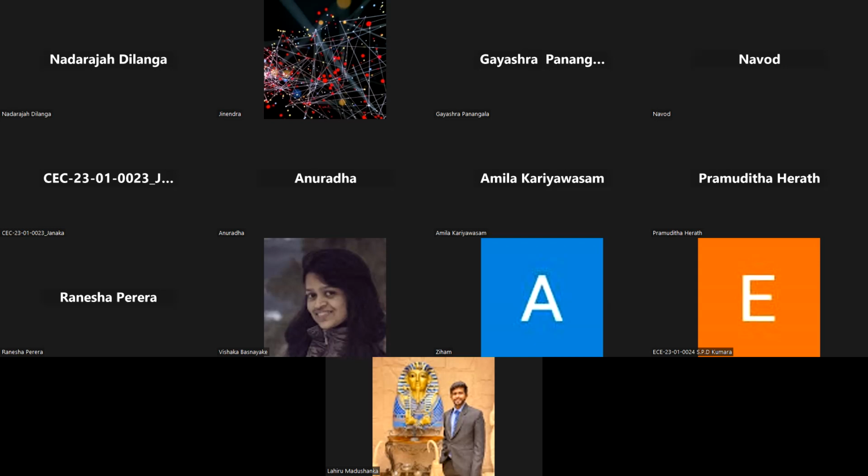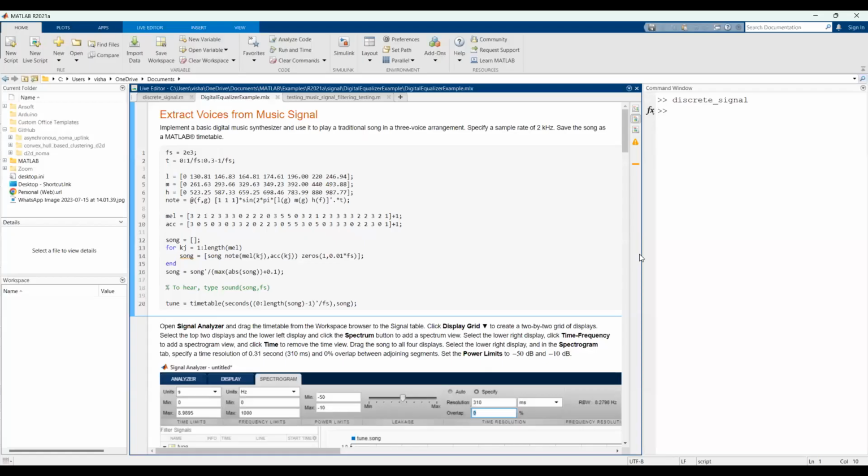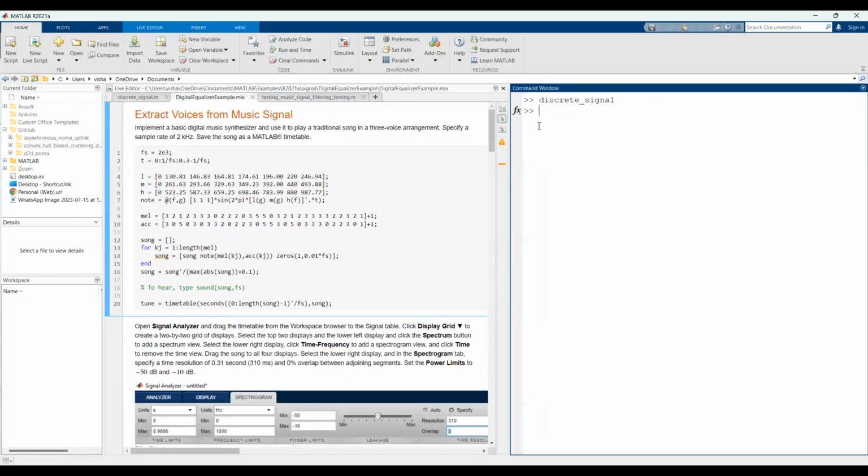I will share my MATLAB screen. In this signal processing module, we are going to use a certain app.